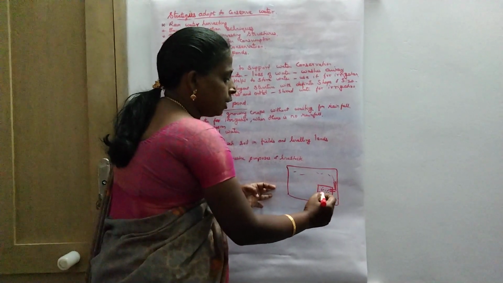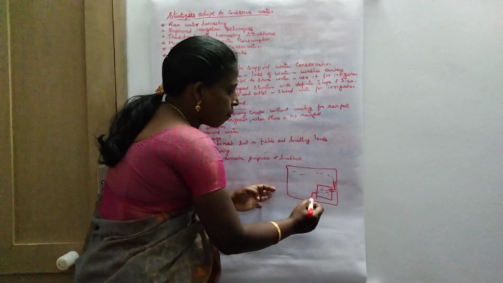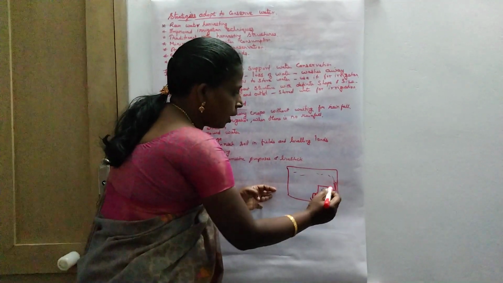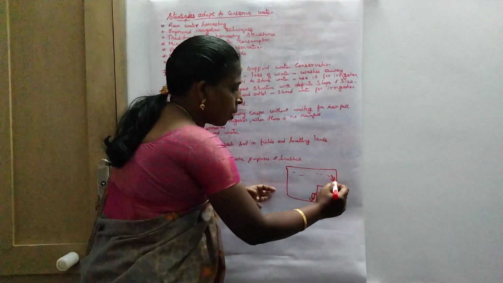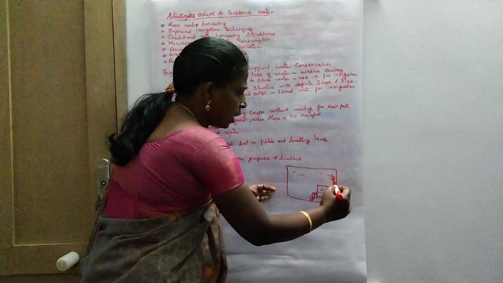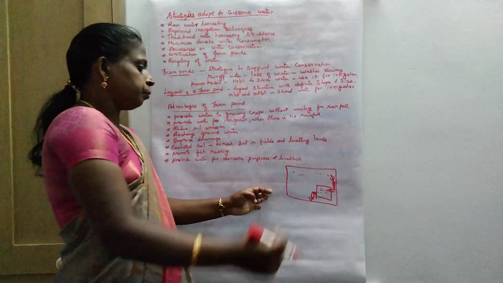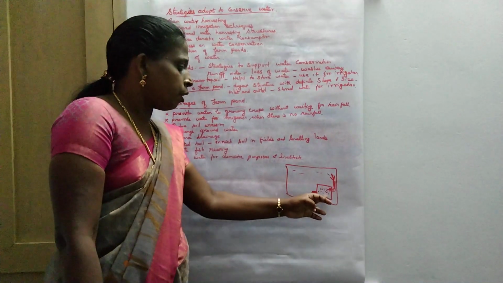The collected water is stored in the pond. And it also consists of an outlet. This is the outlet, and this is the inlet. The collected water enters the pond through this inlet and is stored in the farm pond.